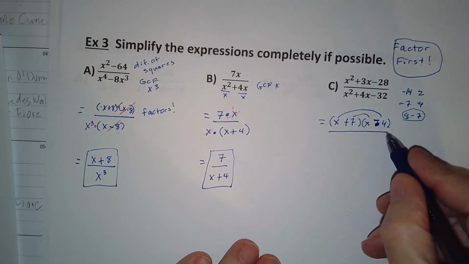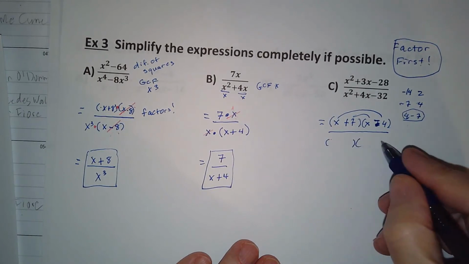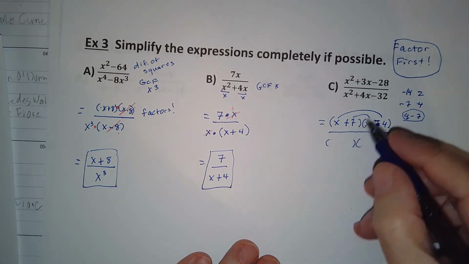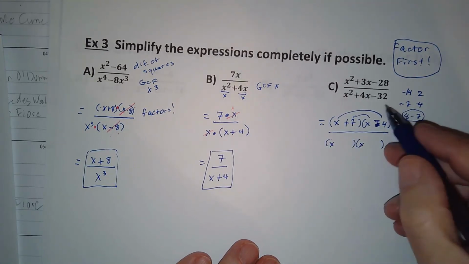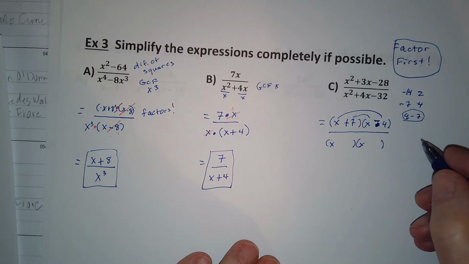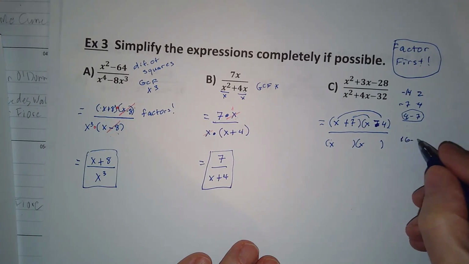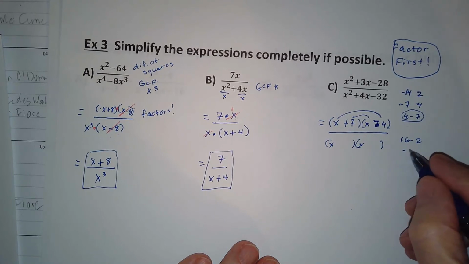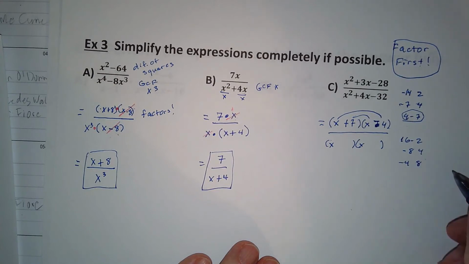Now the second one, so we have x and x, and then what times what equals negative 32 that when added together equals positive 4? So 16 and negative 2, negative 8 and 4, negative 4 and 8. 8 minus 4 is positive 4.